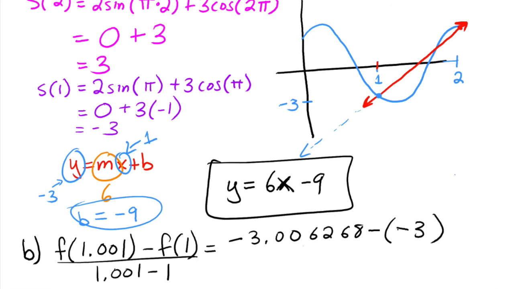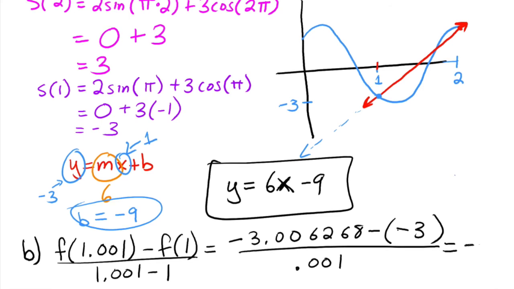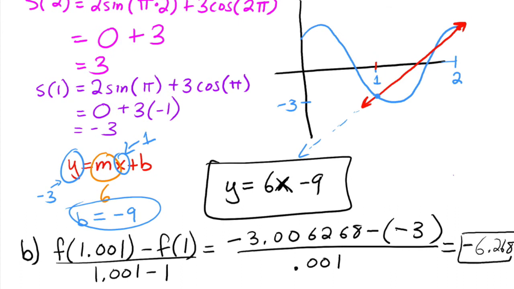So this is -3.006268 plus 3 all over 0.001. And what I get with this operation is -6.268. That's my estimate for the instantaneous rate of change exactly at 1. So this is the tangent line, and that's what I'm estimating the slope of that line to be.